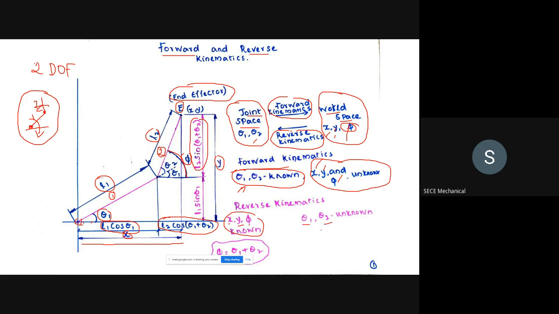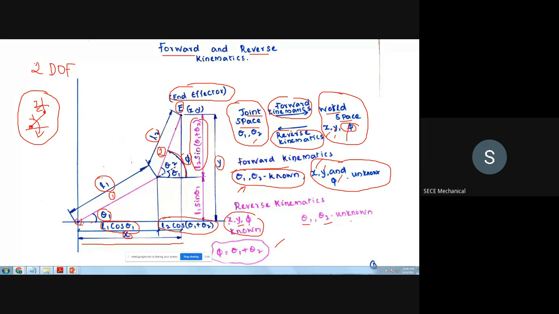Also, we know that phi is equal to theta 1 plus theta 2, because we can add them. So it is a summation of theta 1 and theta 2, which is well known. If you sum theta 1 and theta 2, you get the total phi value. So this is an angle with respect to the base plane, or your basic horizontal plane.